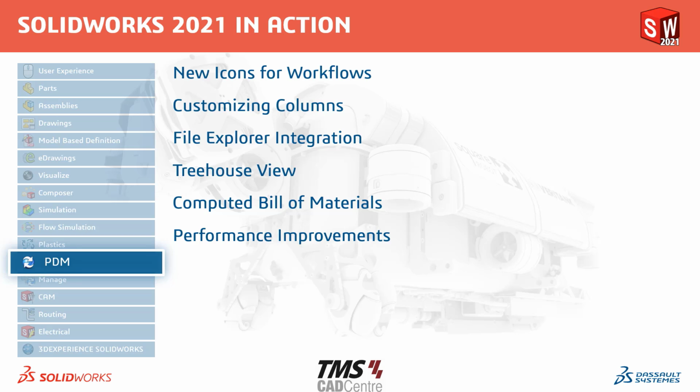SolidWorks PDM 2021 lets you explore and document references with the highly requested Treehouse view for the Contains and Where Used tabs. Workflow icons build in visual recognition and awareness of your processes across the entire team. Bill of materials now accounts for more CAD workflows, and everyday PDM operations have been made much faster.